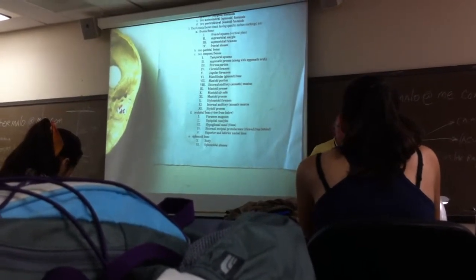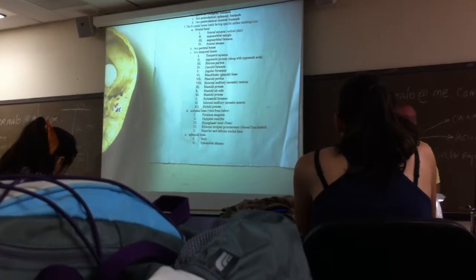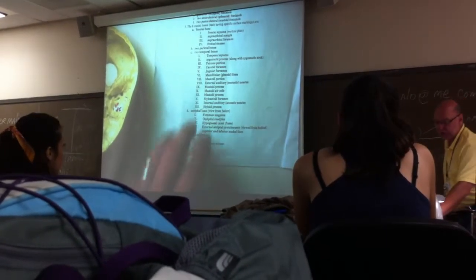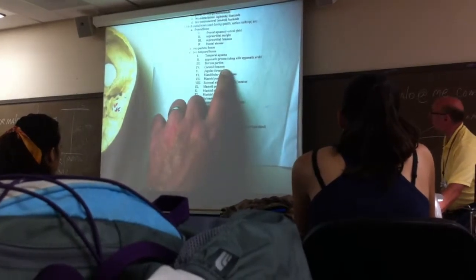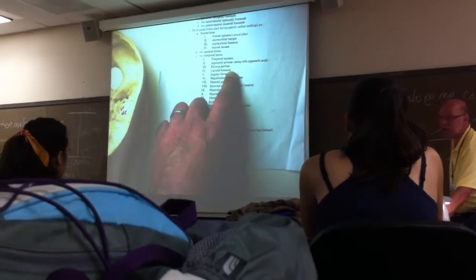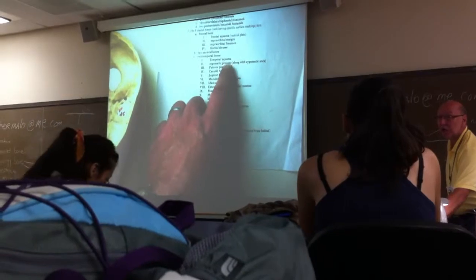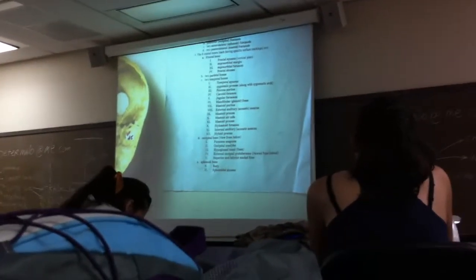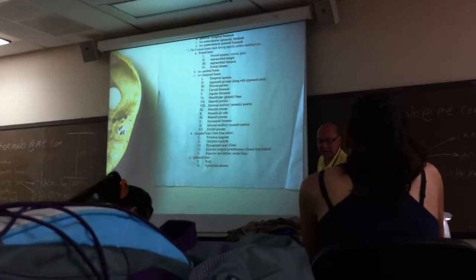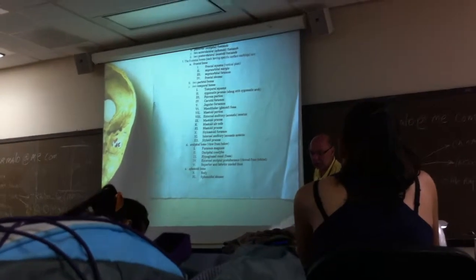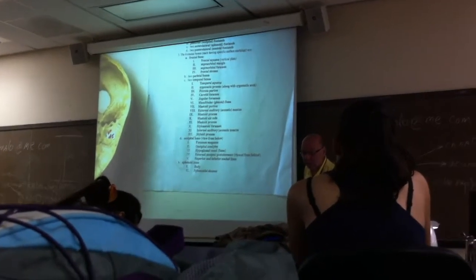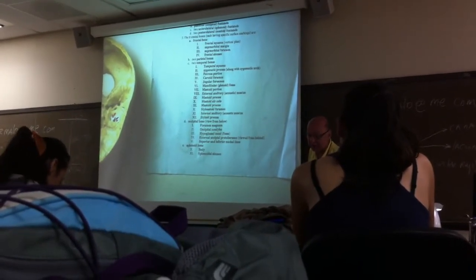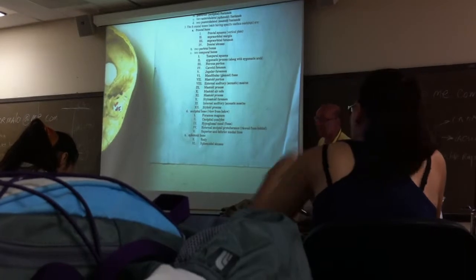A foramen is a hole in a bone that allows passage of a nerve, muscle, or artery. Okay? I want you to make a little note here, next to where it says carotid foramen. I want you to put in parentheses and write the words, look underneath. Okay? Look underneath. And I want you to turn to page 205. Okay? Page 205.